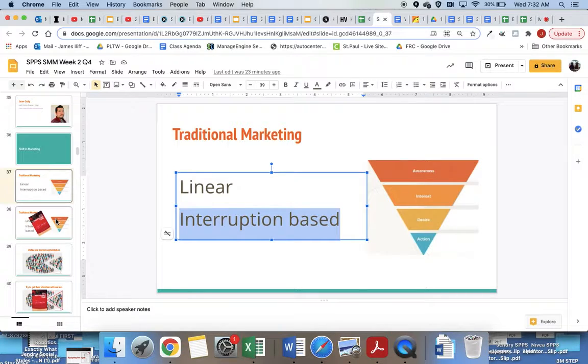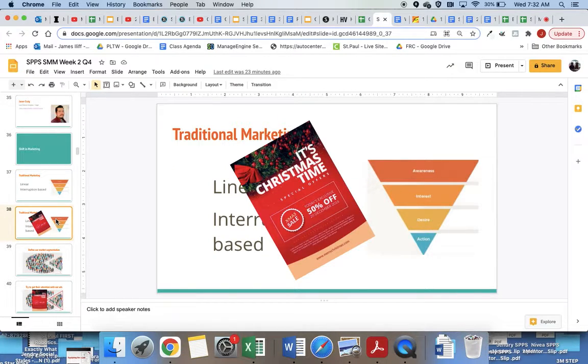Interruption means this: you try to capture the attention of your prospects to build awareness, and we're often competing for their attention with the million other things going on in their lives. So you flash your advertisement in front of them and try to dazzle them with bright colors and circles and sales. So it's interruption.